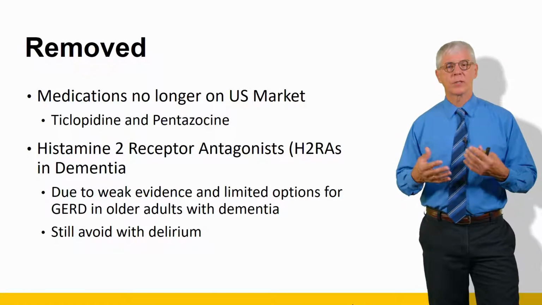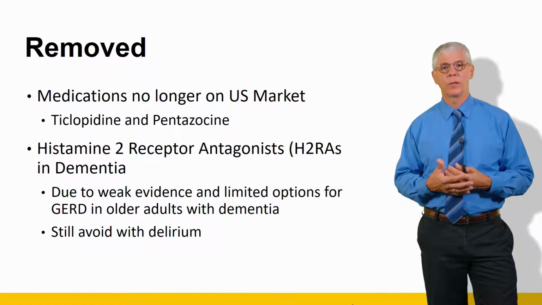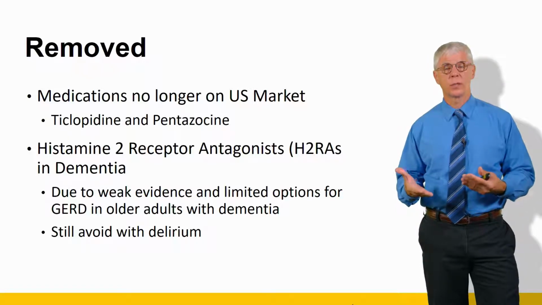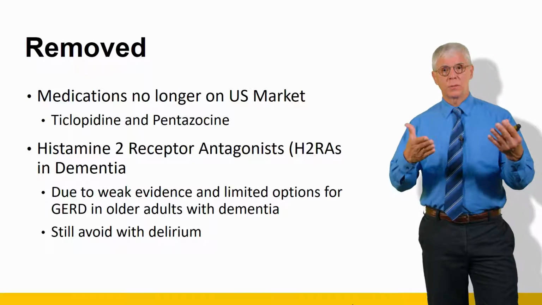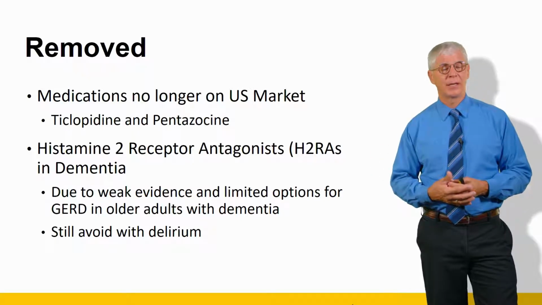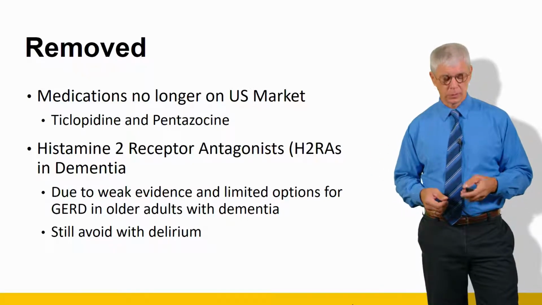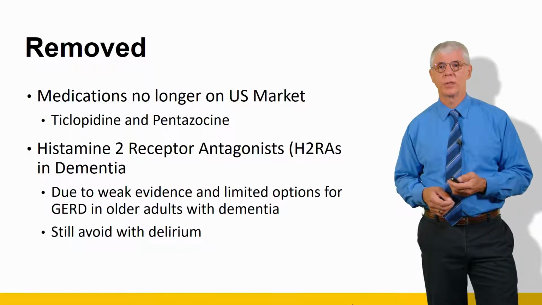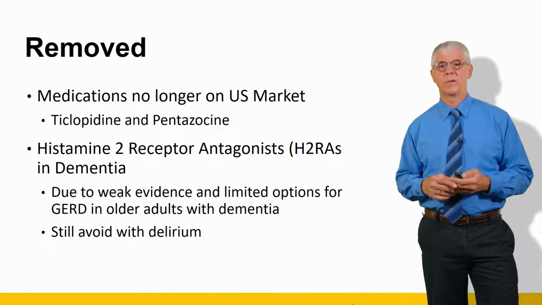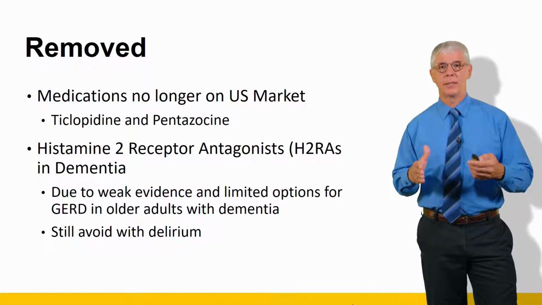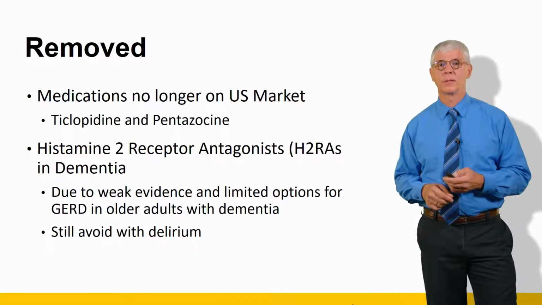But they've decided that the evidence for their association with dementia is relatively weak. And because we think these are safer in older adults than that other class, they took them off the list, which I think is really commendable, because I personally feel that this class of drugs is relatively safe in older adults, and it is safer than that other class.